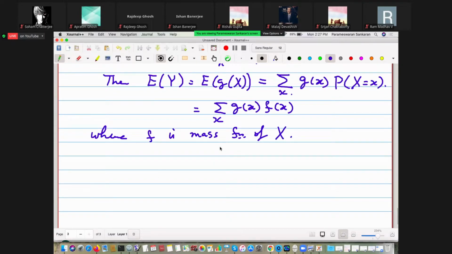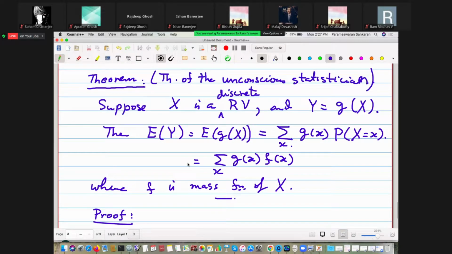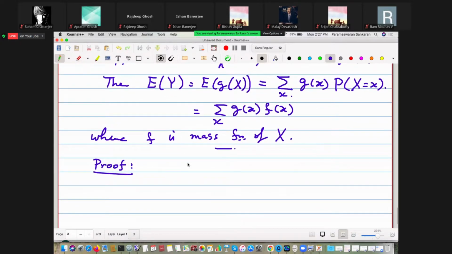So let's prove this. It's an interesting result, and it's going to be extremely useful. Let me set up the notation for the proof. One way to do it is to compute the mass function of Y. That's a little cumbersome, so we don't do it, but eventually you will see that the proof is rather trivial.